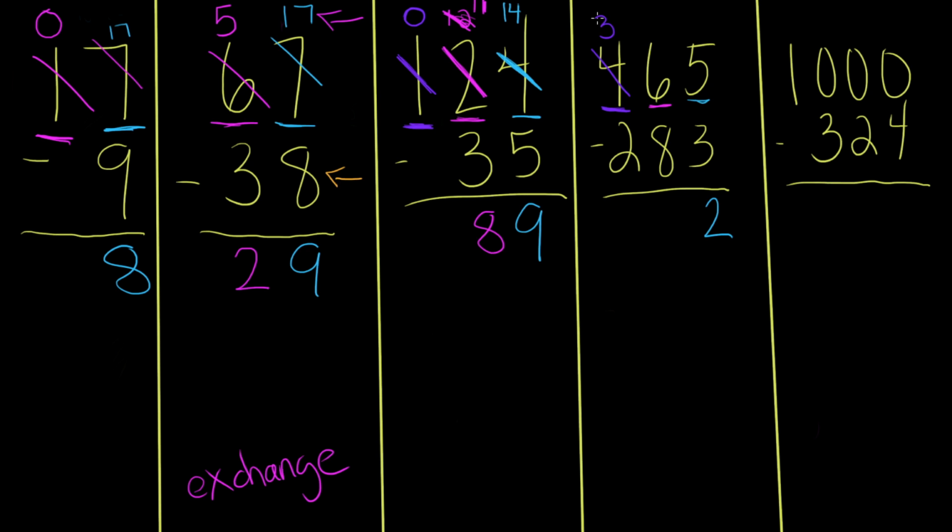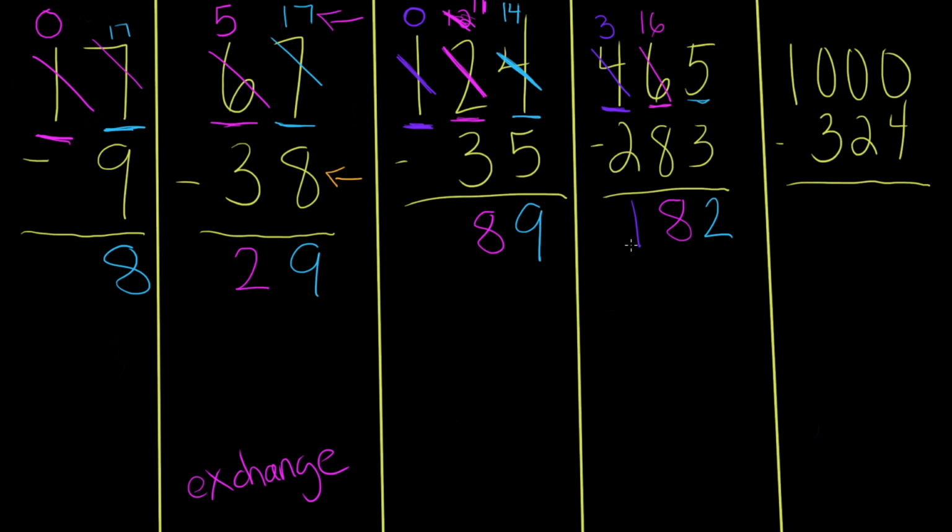And we're going to give that 100 to the tens place. So we no longer have 6 tens. We have 10 tens plus 6 tens, which is 16 tens. 16 minus 8, well, that's just 8. And 3 minus 2, that's 1.